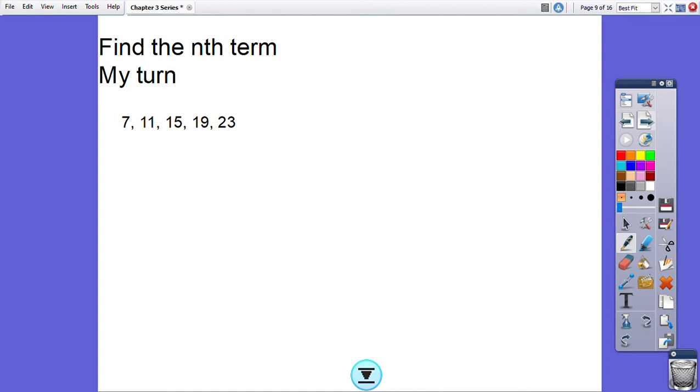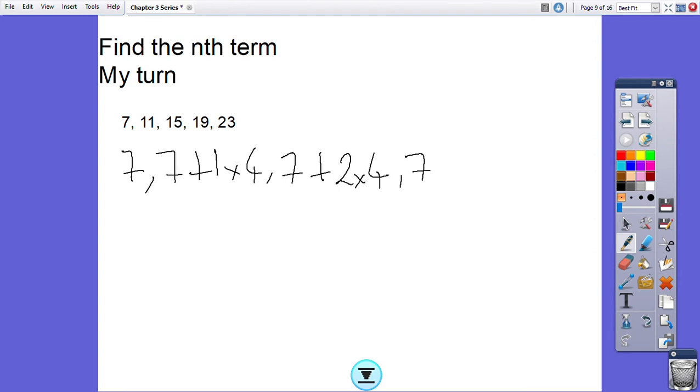If we've got here 7, 11, 15, 19, 23, then the first term is 7 and the second term is 7 plus the common difference, which is 4 times 1. The third term is 7 plus 2 lots of the common difference, the fourth term is 7 plus 3 lots of the common difference, and of course the fifth term is 7 plus 4 lots of the common difference.